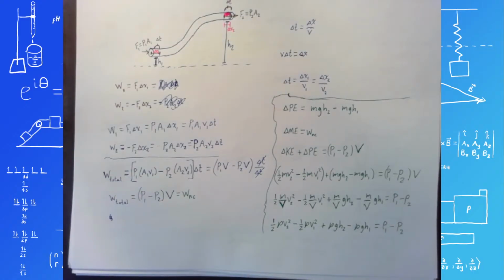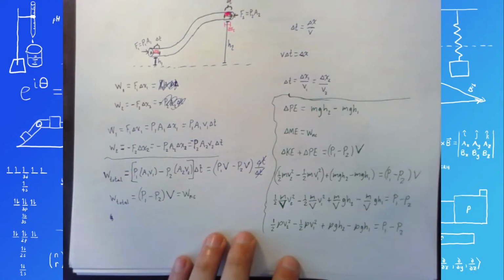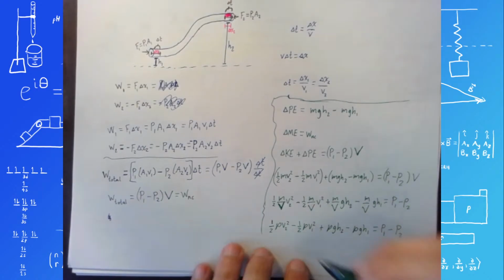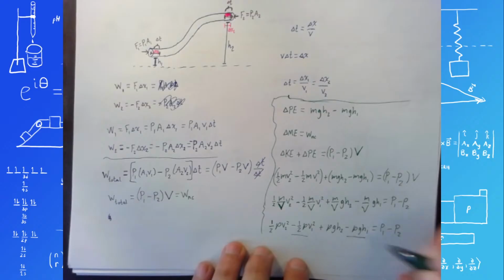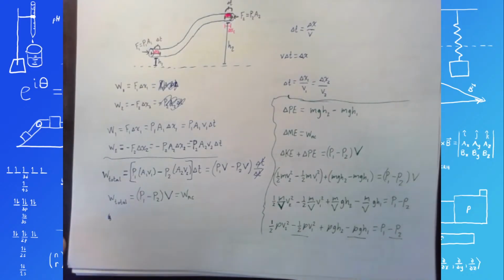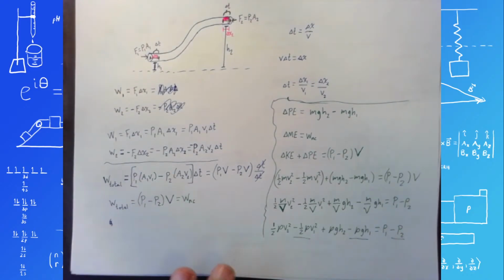Okay, let's move all the negative terms to their opposite sides. So I'm going to move this and this and this across the equal sign.